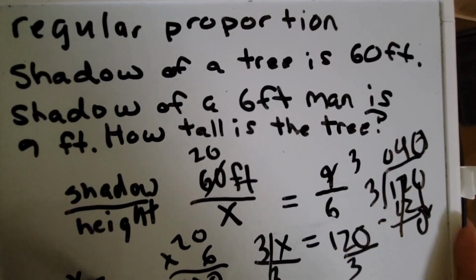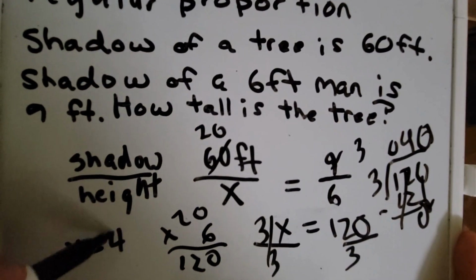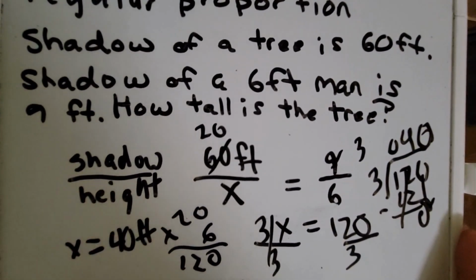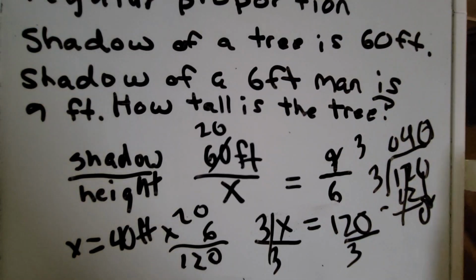So x equals 40 feet. And that's a perfect example of how you would use regular proportions to find the missing height of what the tree is.